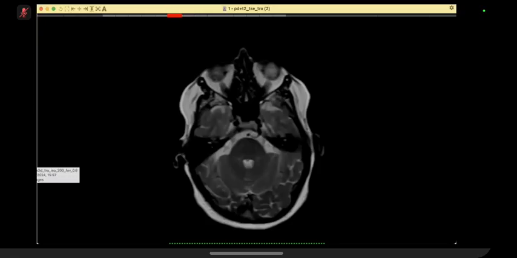What sequence do you do when a patient presents with trigeminal neuralgia? Usually, if the patient is presenting with trigeminal neuralgia, I'll ask for the T1 post contrast to assess the area of the trigeminal nerve, the cavernous sinus.